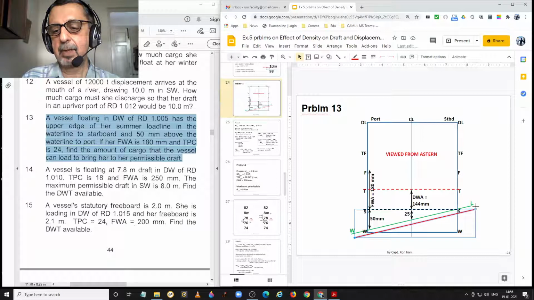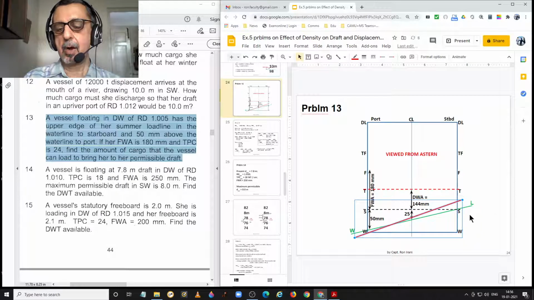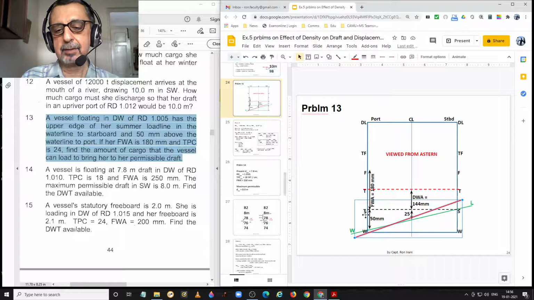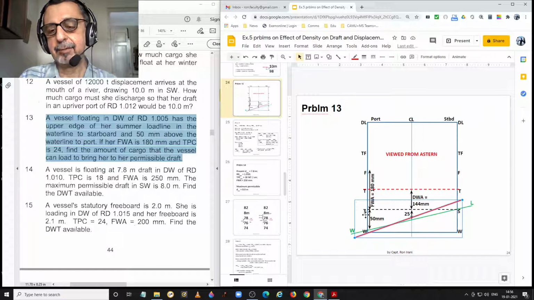Now the same water line, if it was here, on one side your respective load line is below the water line, and on the other side the same load line is above the water line. In that case you have to take the difference.